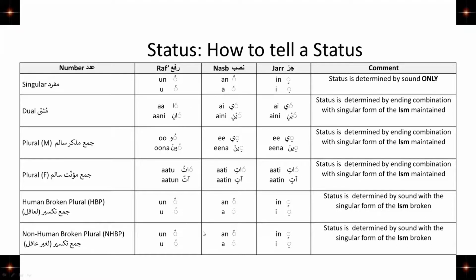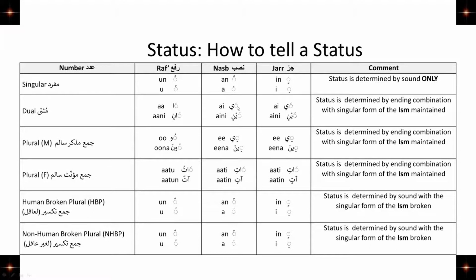The most important thing is that we are trying to identify these. These are the endings, my brothers. The Rafa, Nasb, Jar are status. The signs are either un or u, an or a, in or i, depending on if it is heavy or light. Rafa, Nasb, Jar. If it is a pair, it can either be a or ani. Ani is heavy, a is light.